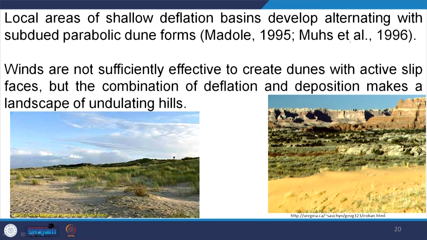Winds are not sufficiently effective to create dunes with an active slip face, but the combination of deflation and deposition makes a landscape of undulating hills. So, these are the wind actions through which we get different shapes, different sizes of dunes, and different structures within the dunes.